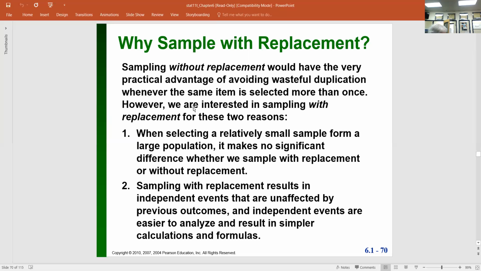One of the questions that we have here is, there's lots of, we have to look at what the sample is.